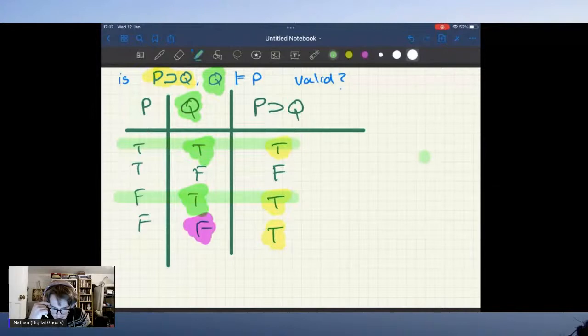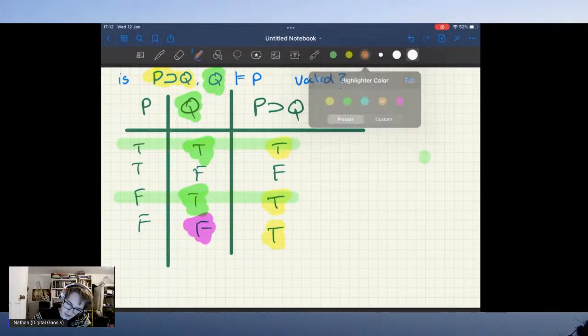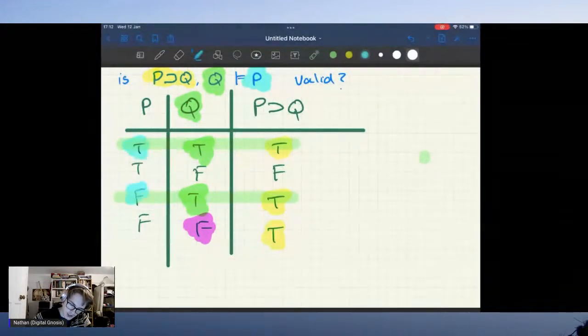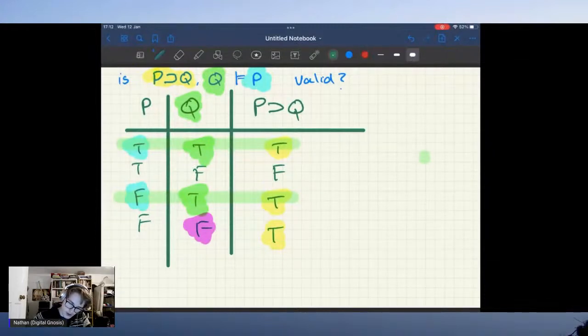And what was the conclusion of our argument? Sorry, my brain is going a bit weird. The conclusion of our argument is P. So now let's look at what the value of P is in each of these structures. Well, it's true in one case and false in the other. So the question is, is this a valid argument?